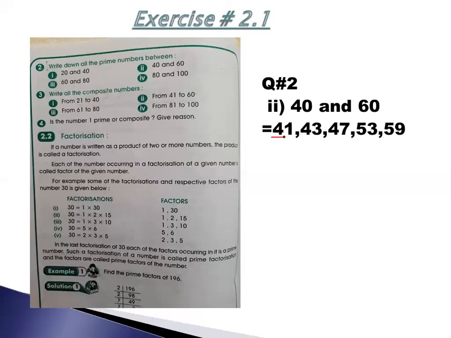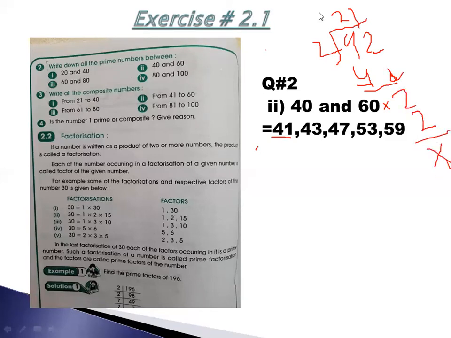Starting from 41. 41 can be divided by only two numbers, that is 1 and itself. Similarly, if you take 42 and divide it by 2, 2 into 2 is 4, and after subtracting you will get 0 here. 2 into 1 is 2.